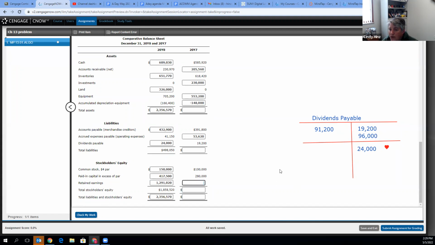Now, as I was saying, once we have that retained earnings from the end of the year, there's a couple other things we can do to find the beginning balance. One, we can do similar to what we just did. We can find these other numbers. So total liabilities is what I'm doing right now. And our total assets.